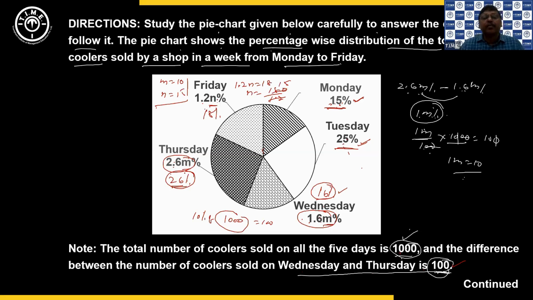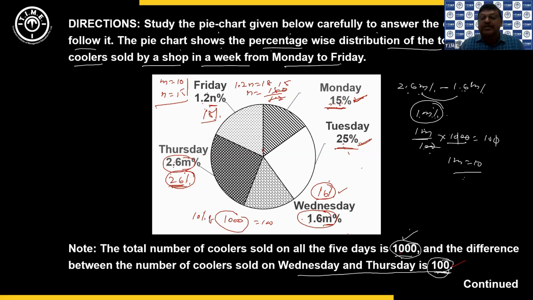That's one thing. But anyhow, friends, you got every day's percentage, did you get it or not? Monday is 15%. Tuesday is 25%. Wednesday is 16%. Thursday is 26%. And students, Friday is 18%. Now you can say it's the easiest numbers, I have 1000.